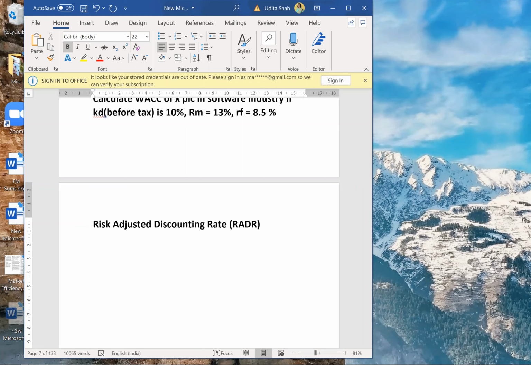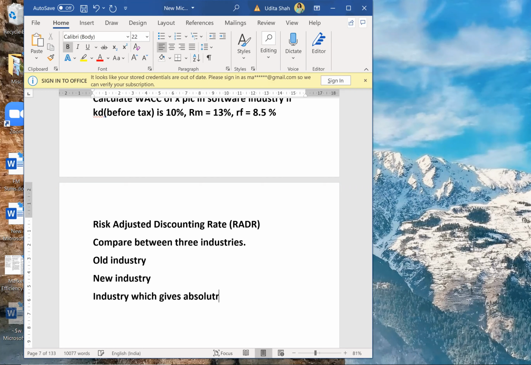But in this RADR, you have to compare between three industries. That is the old industry, new industry, and the industry which gives absolutely risk free returns.